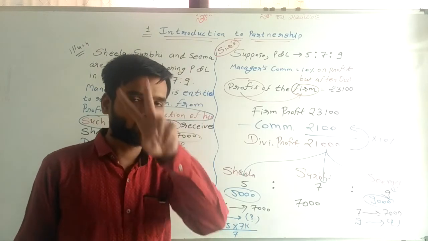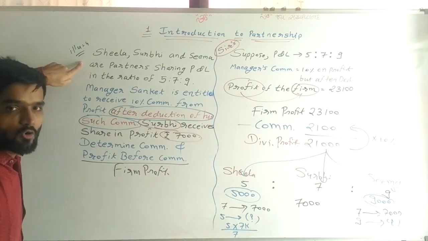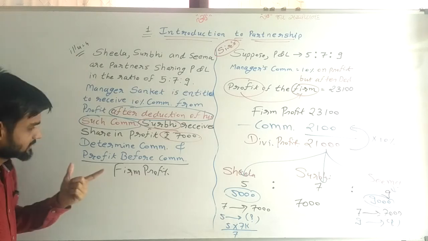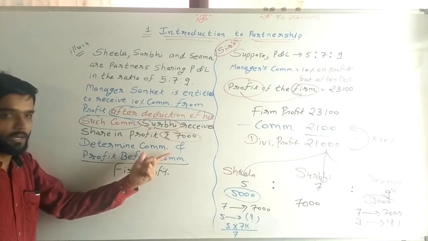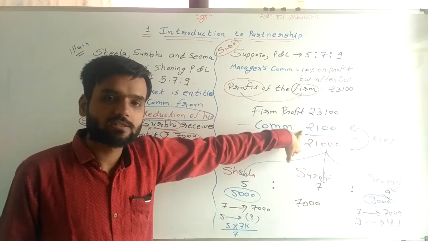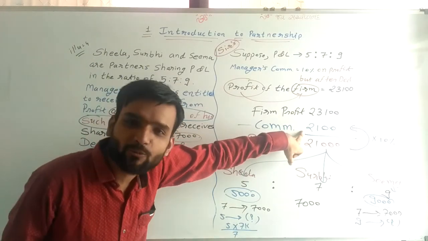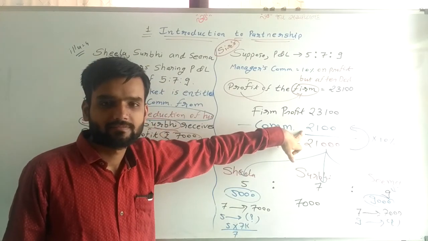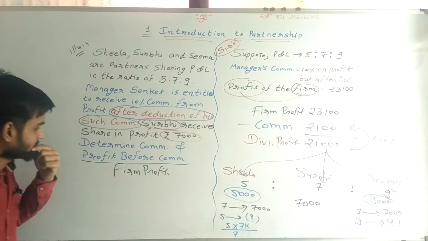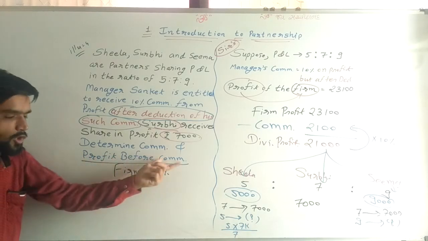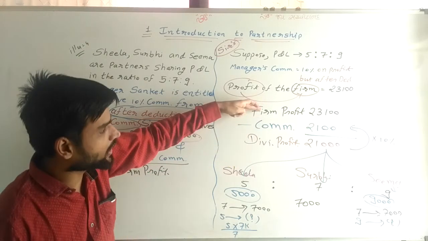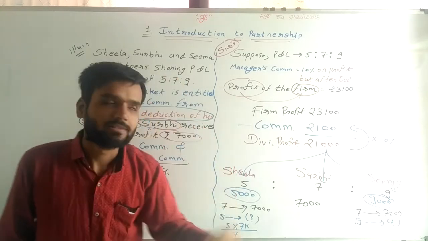Now my two questions in illustration number 4: determine commission. Commission is 2,100 rupees. Second, profit before commission means firm's profit. Profit before commission is 23,100. That is my answer.